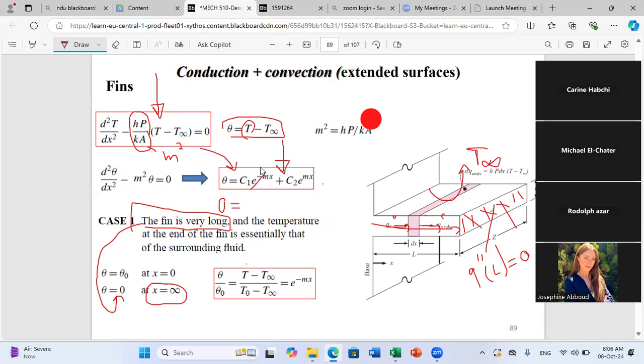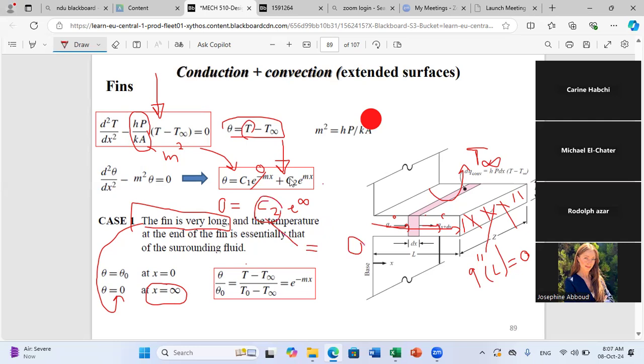So this is 0 plus C2 times exponential of infinity. You know that exponential of infinity is infinity, but how is it possible to get infinity times a constant equal to 0? The constant should be 0. So we deduce from this condition that C2 is equal to 0.